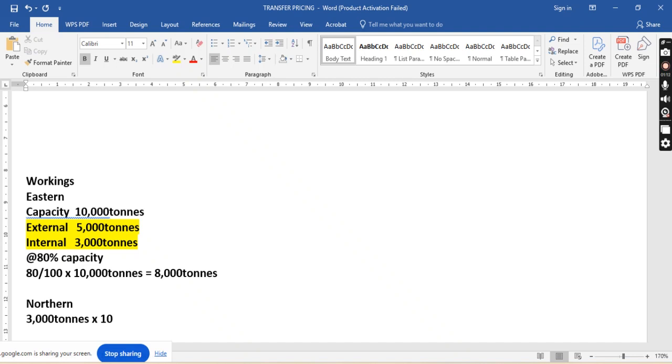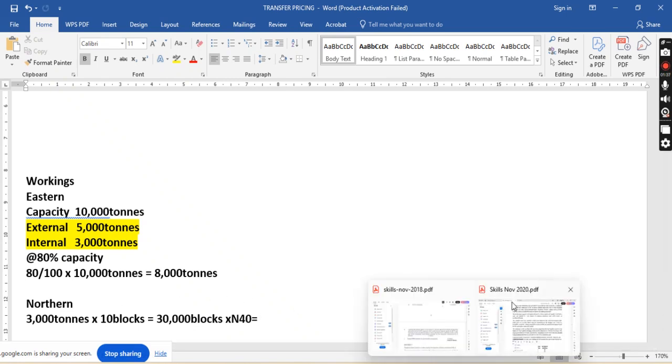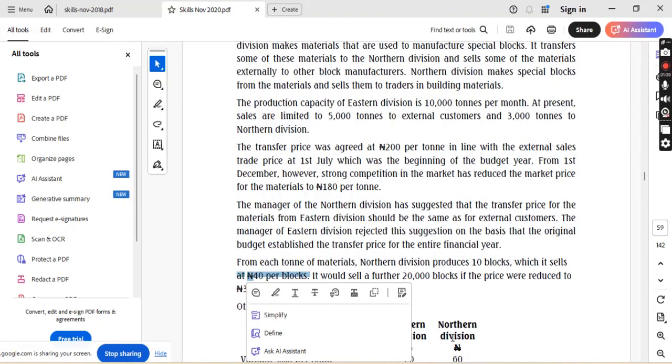Don't forget, 1 ton uses 10 blocks. So this will give 30,000 blocks that they will sell at 40 naira per block. Class, what do you have? At 40 naira per block.